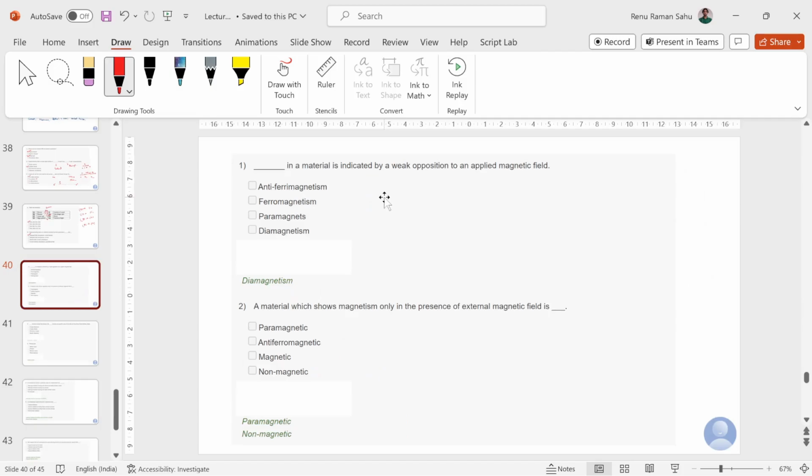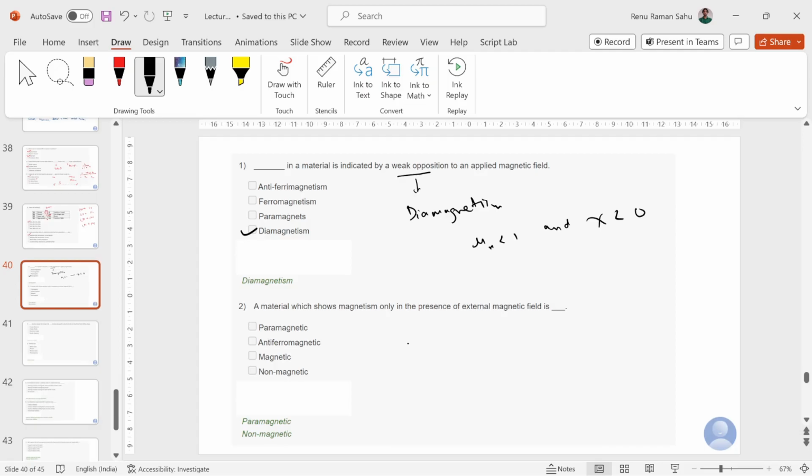Dash in a material is indicated by weak opposition to the applied magnetic field. A weak opposition means it is diamagnetism. Remember that it has mu r less than 1 and chi negative.